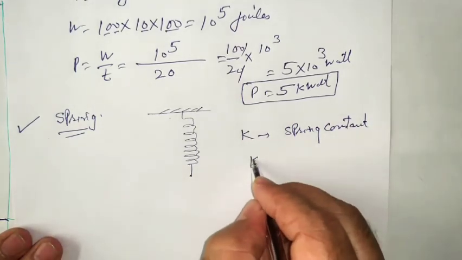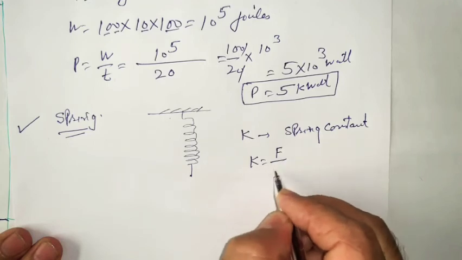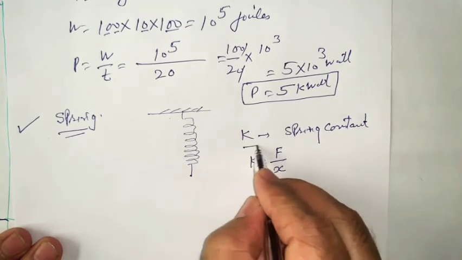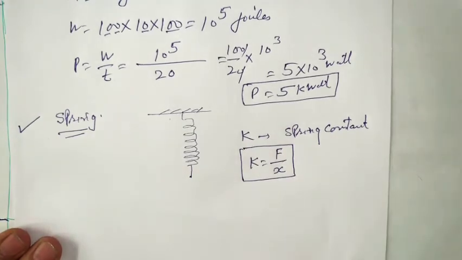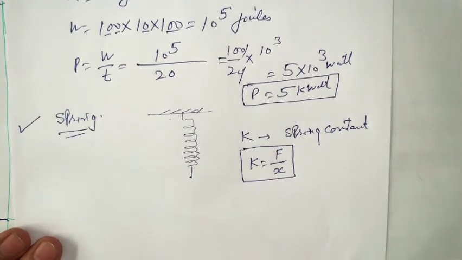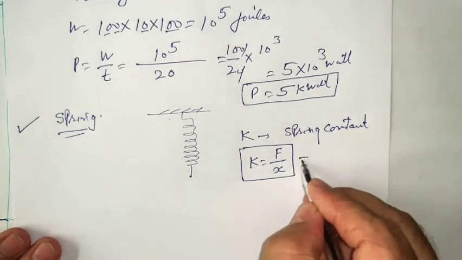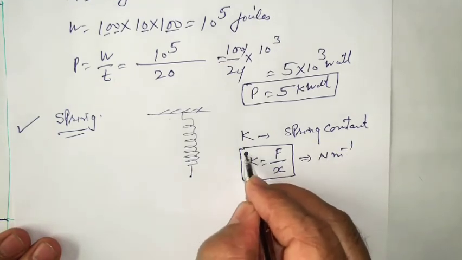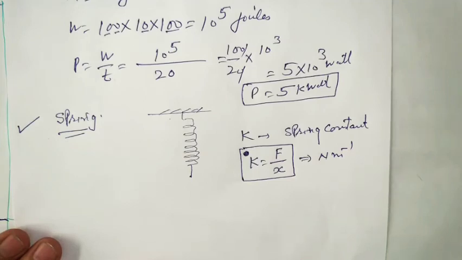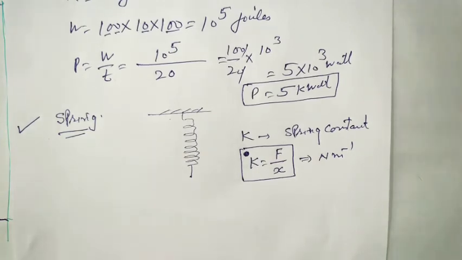It is given by the relation K is always F upon X. F is the force, X is the displacement. Means its unit is Newton per meter. K is always given to you.